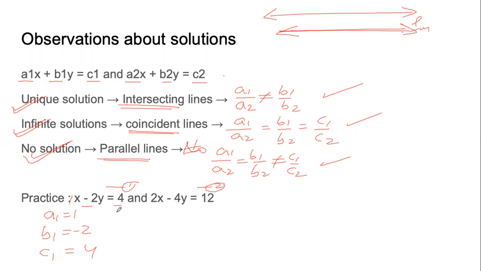Similarly, from equation 2, we should be able to get A2 equals 2, B2 equals -4 and C2 equals 12. Confirm if you agree with me.